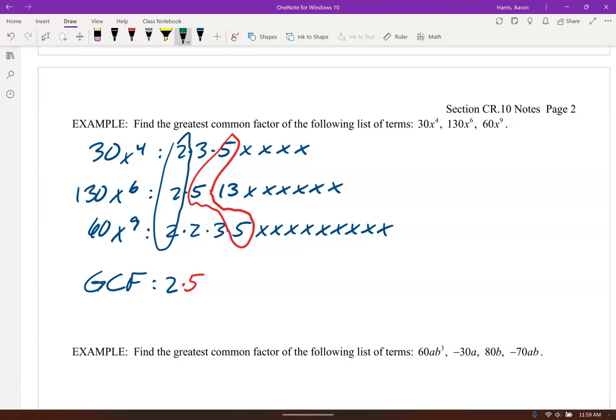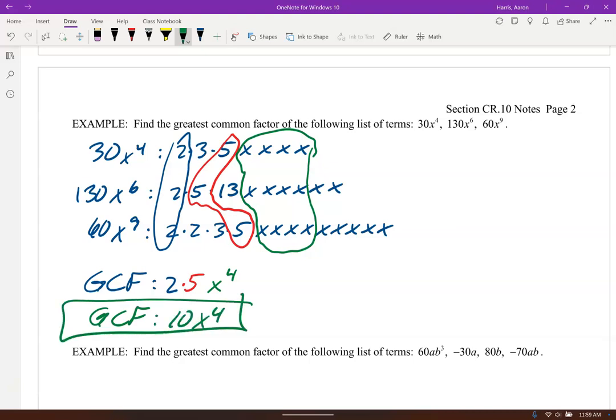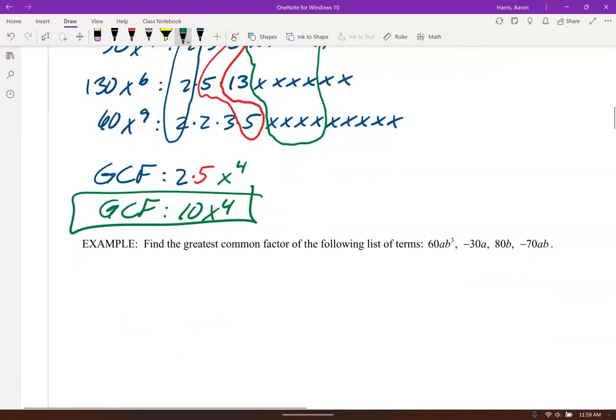It looks like the fewest x's is 4. They do have 4 x's in common. So the greatest common factor would be 10x to the fourth for those. All right, let's keep going here.